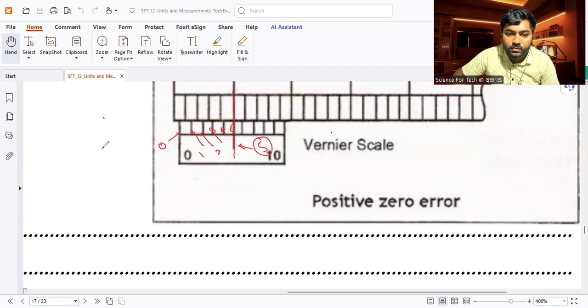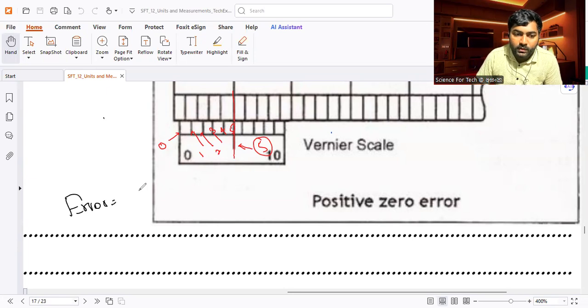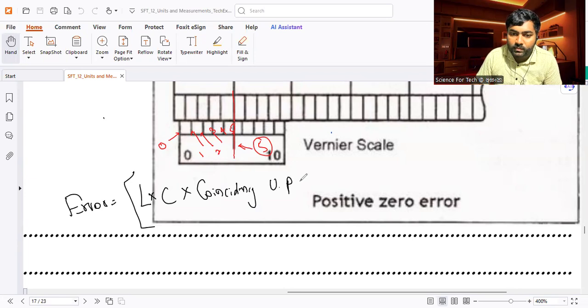You do understand? Yes, sir, understood. Okay. Then you can write: error is equal to least count into coinciding vernier part number.